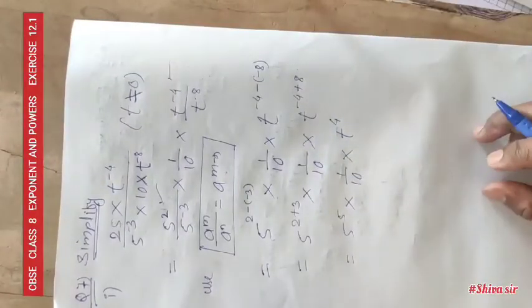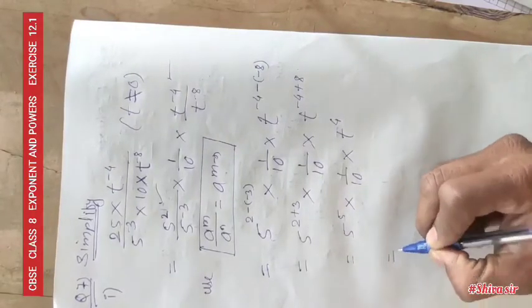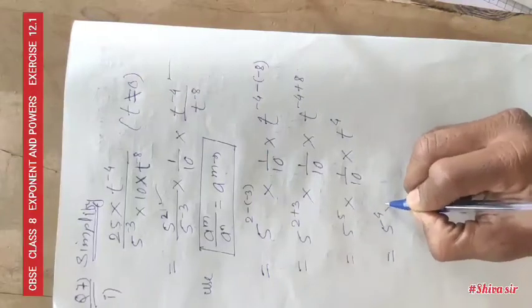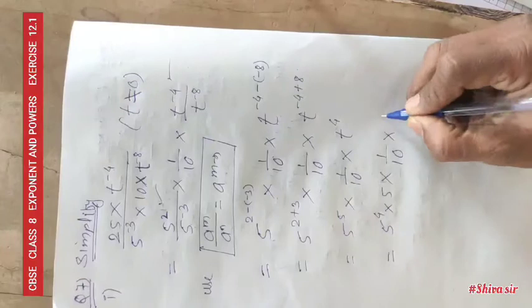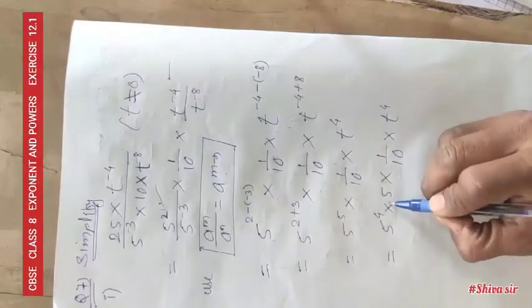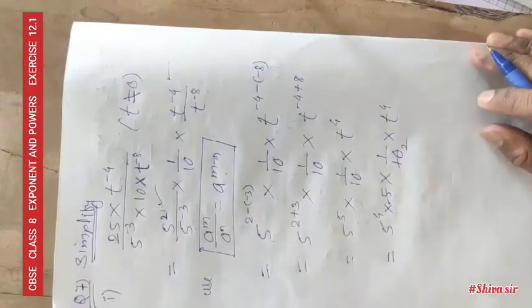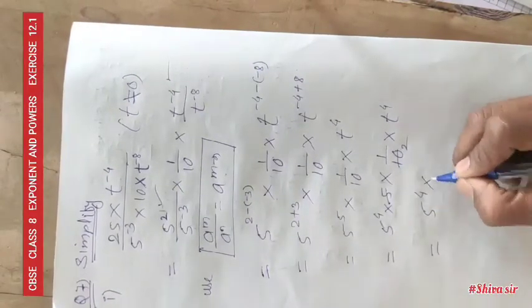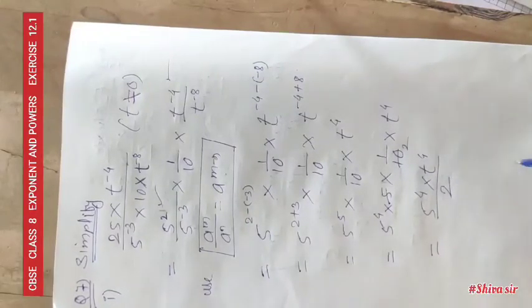If we write it like that, 5 raised to the power 4 into 5 into 1 upon 10 into t raised to the power 4. 5 ones are 5, 5 twos are 10. So our answer is 5 raised to the power 4 into t raised to the power 4 upon 2.